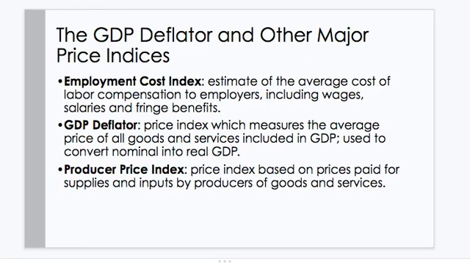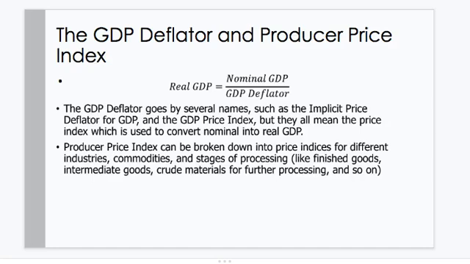Producer price index, based on prices paid for supplies and inputs by producers of goods and services. The GDP deflator and producer price index. Real GDP equals nominal GDP divided by the GDP deflator. The GDP deflator goes by several names, such as the implicit price deflator for GDP or the GDP price index, but they all mean the price index which is used to convert nominal into real GDP.